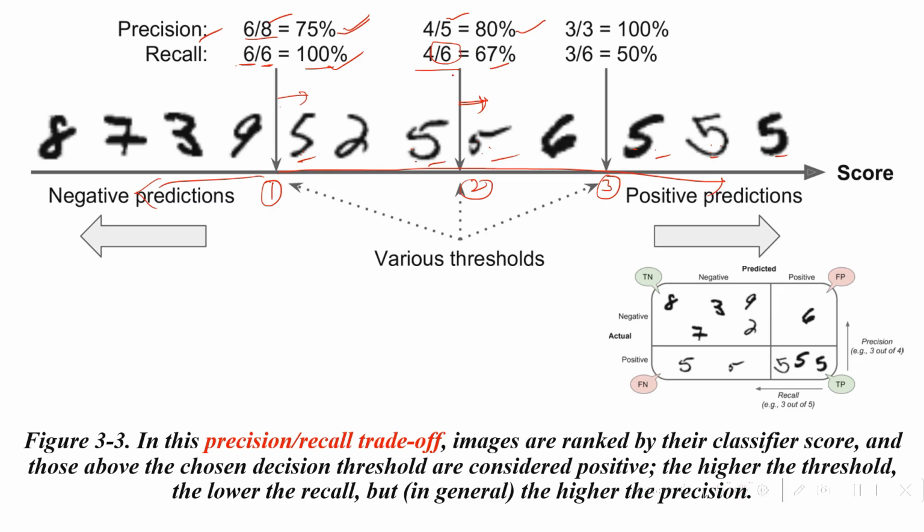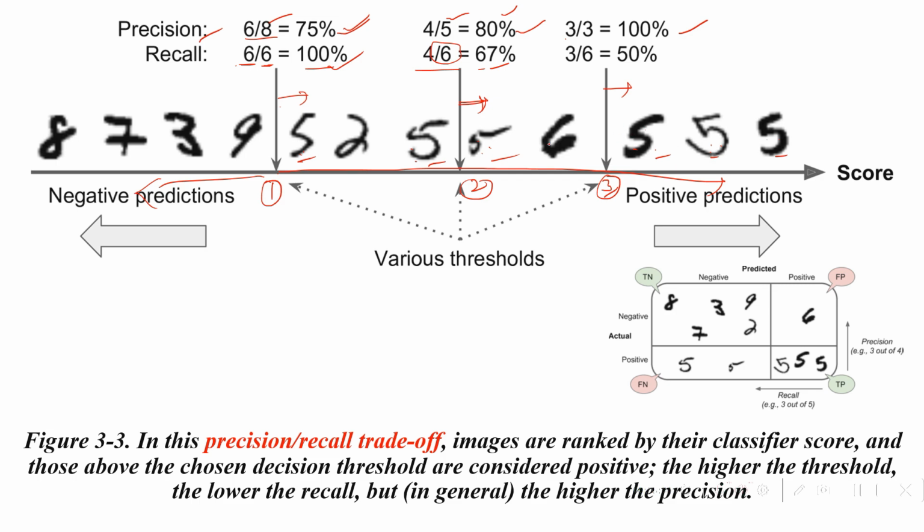That means as the threshold value increases from left to right, the precision increases and the recall decreases. Coming to the third threshold value, the total number of elements on the entire right side of the threshold value is 3 elements. All 3 elements are correctly classified as 5 elements. That means 3 by 3, that is 100%.